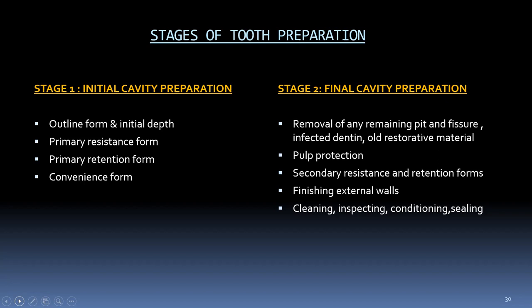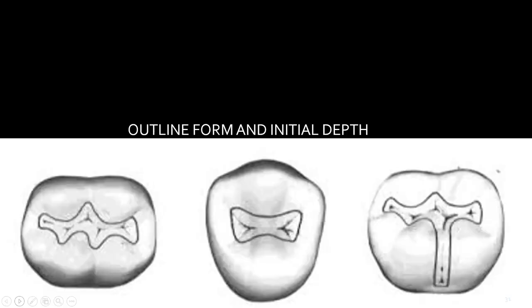In stage 2, we have 5 headings that include the final cavity preparation, which includes removal of any remaining pit and fissure, infected dentine, all restorative material, pulp protection, secondary resistance and retention forms, finishing external walls, cleaning, inspecting, conditioning, and sealing.